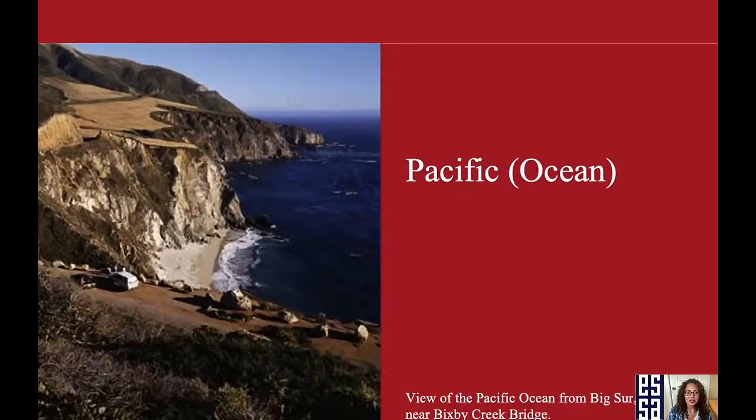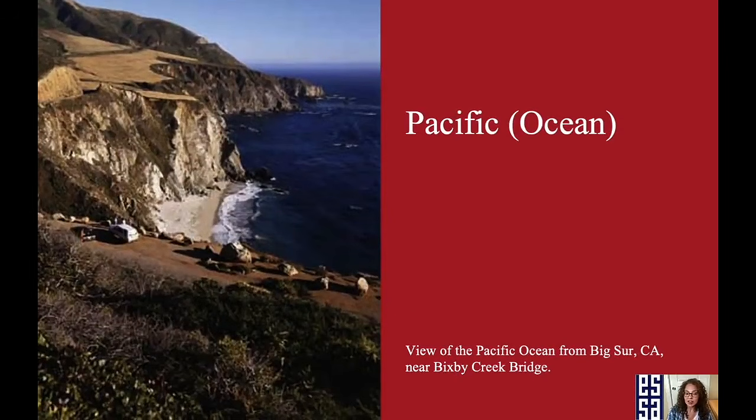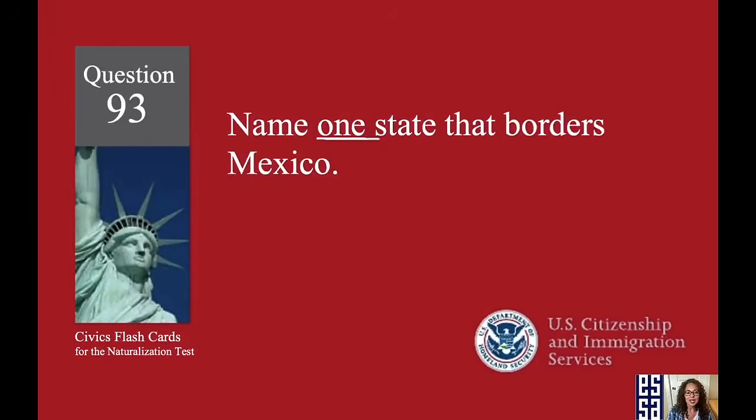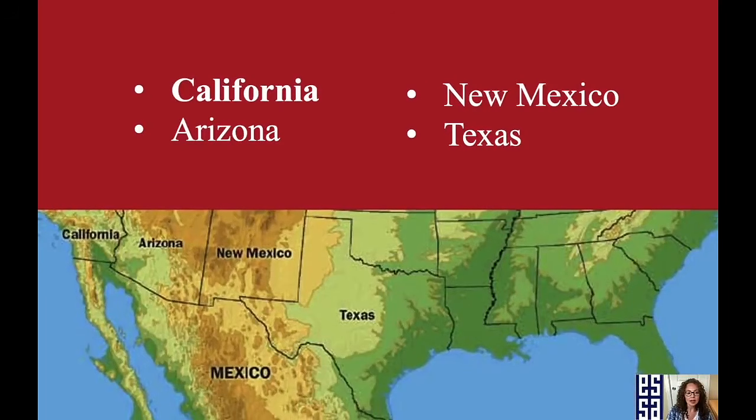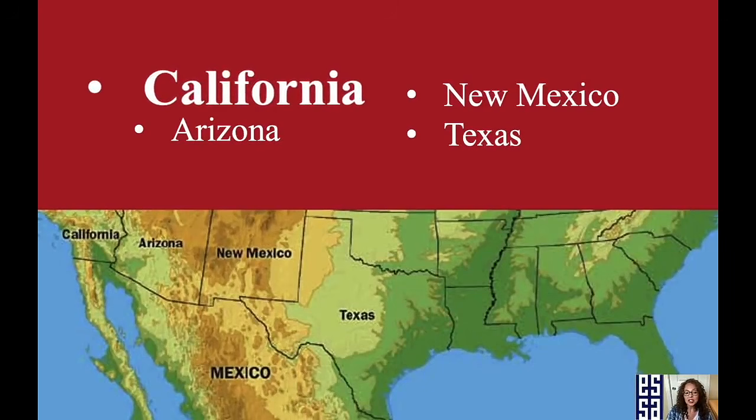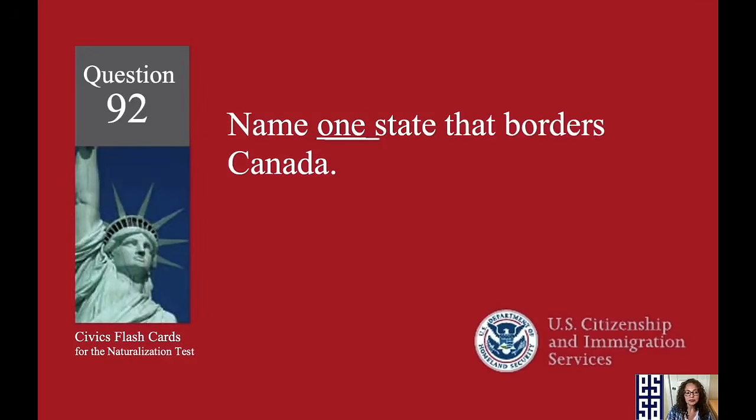On the west coast is the Pacific Ocean. Name one state that borders Mexico. California borders Mexico.